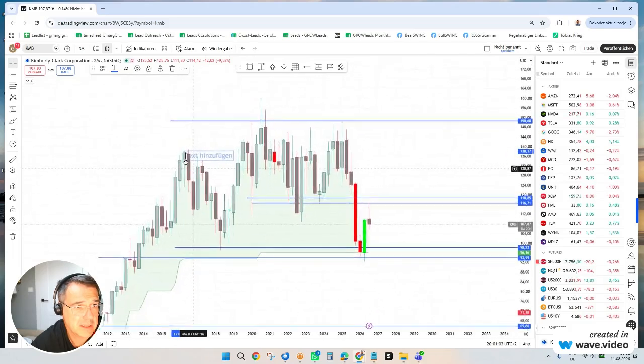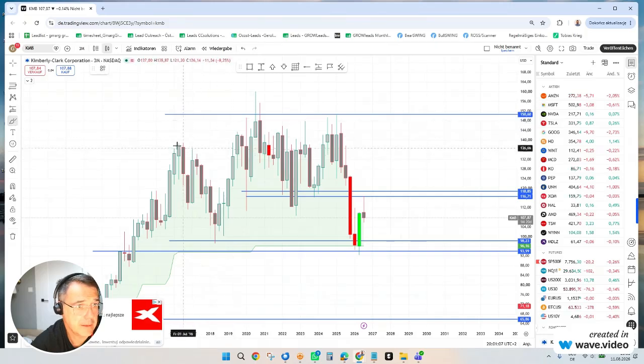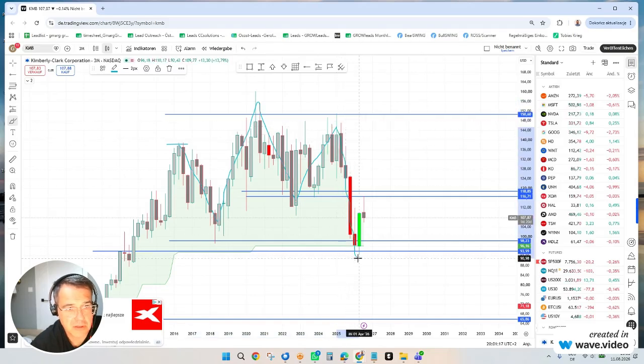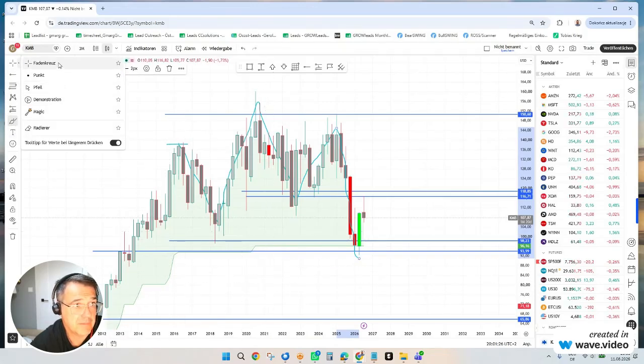We make higher highs here. So we have this move, and then we go up here, and this was the break of structure. In a 3 month chart, the situation is different.